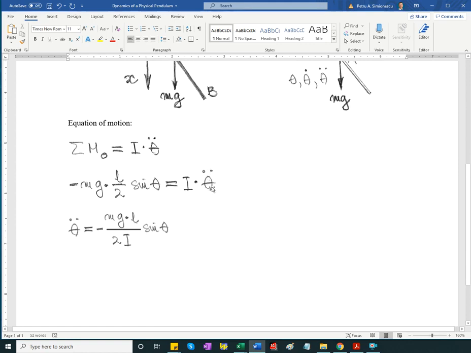Integration will be with respect to time, and this is how the equation of motion looks. Negative mg times L over 2I sine of theta.